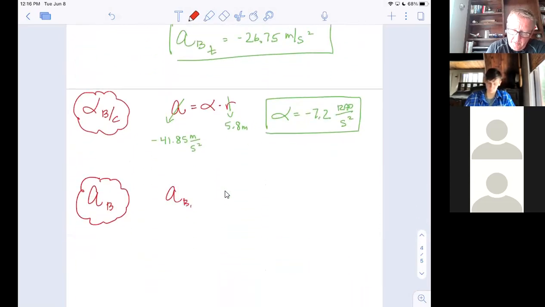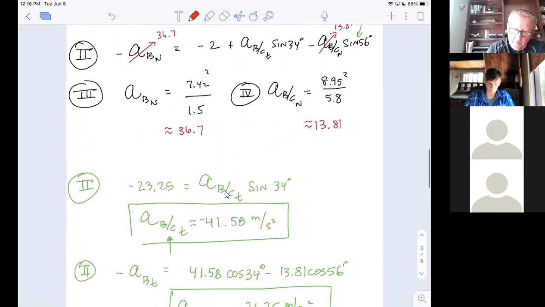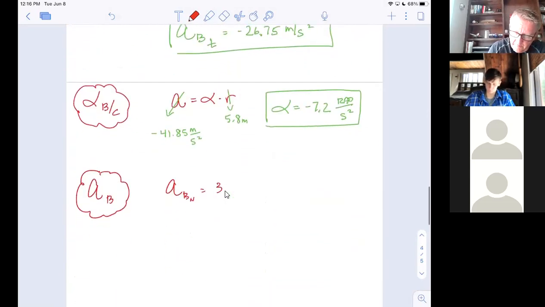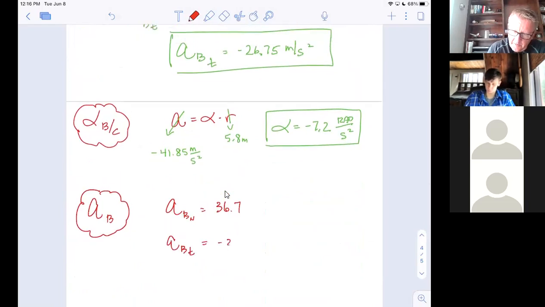Acceleration of B normal, we said back here, was 7.42 squared over 1.5, which is 36.7. So I have that. And I have the acceleration of B tangential, which we just figured out a second ago is negative 26.75. What do I do with those?